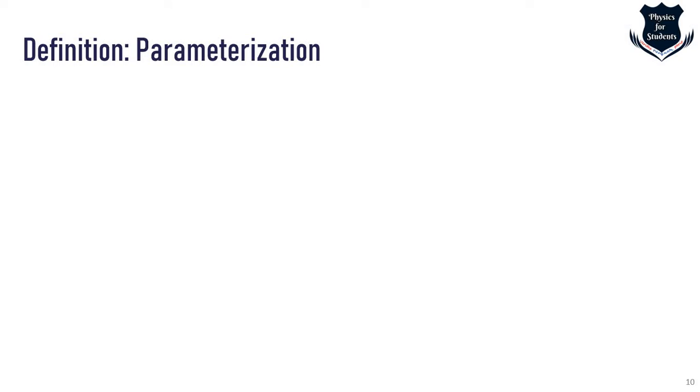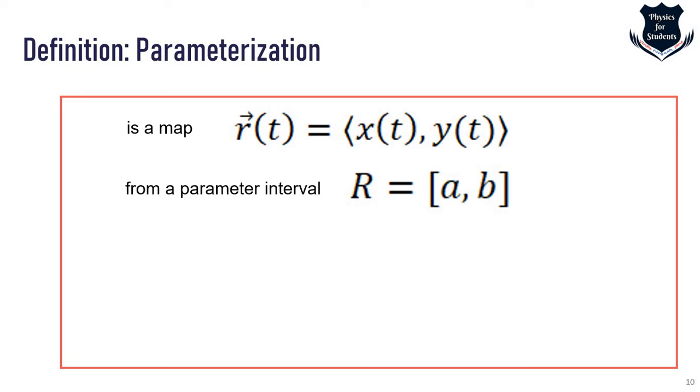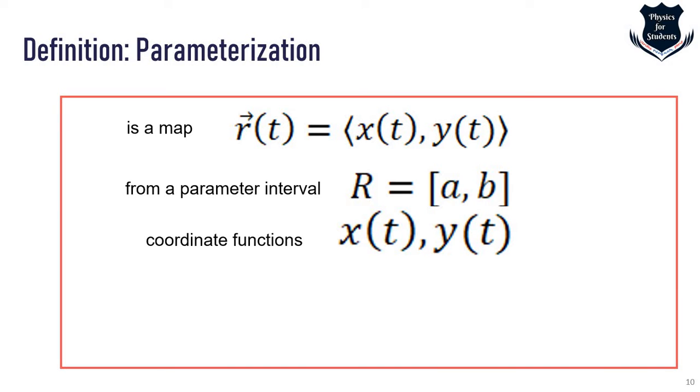What I can tell you is that a parameterization of a curve is a map, for example r(t), which goes to the angular brackets given, x(t) and y(t), from a parameter interval. So from a parameter interval R equals [a, b] to the plane. The functions x(t) and y(t) are called coordinate functions, right?